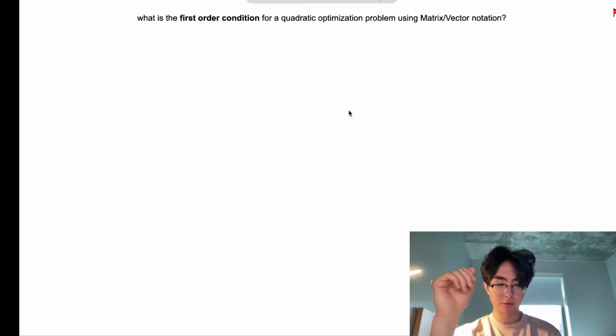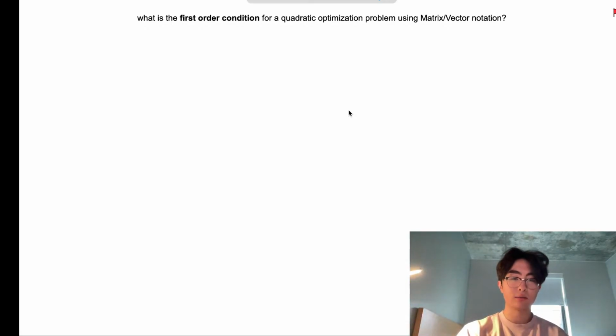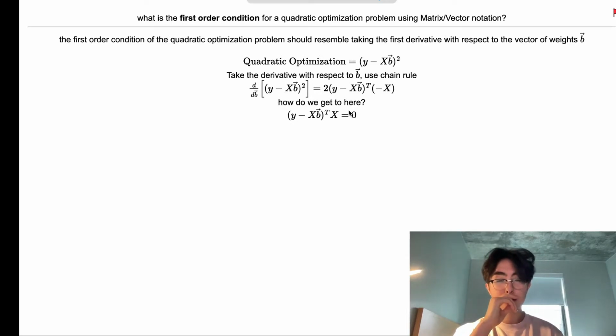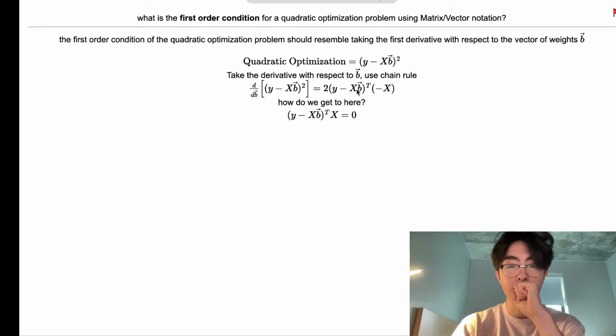Then we have to use the chain rule, so I think it will be 2 times x times y minus x y hat. Let's see. Oh, nice. So this is where we got x.